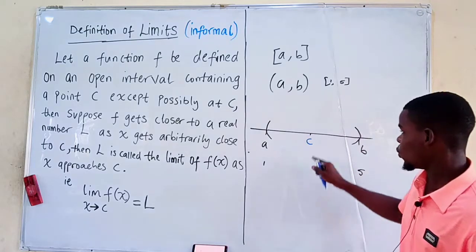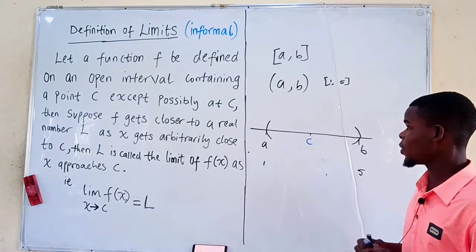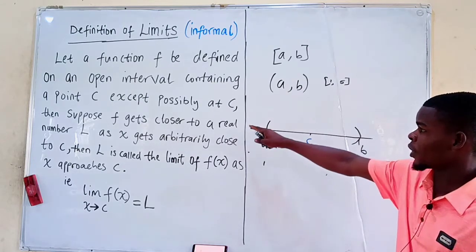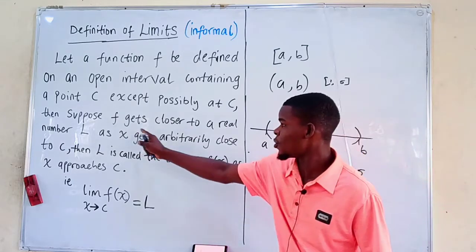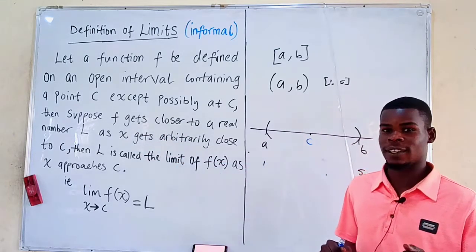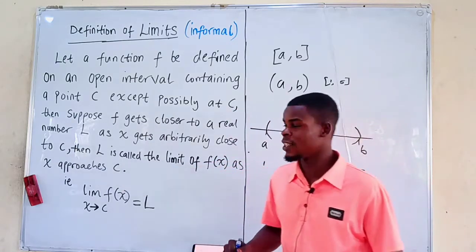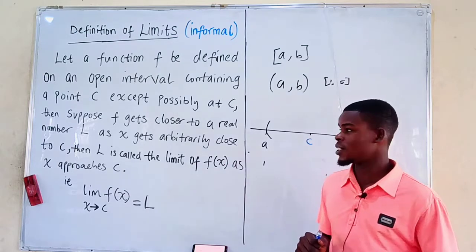A point c can be here, and we're just getting closer to it. What is our value getting closer to? Not actually the point itself, so it may not be defined at that point. Then suppose f gets closer to a real number called L as the input gets closer to c. Then L is called the limit of that function as x approaches c.